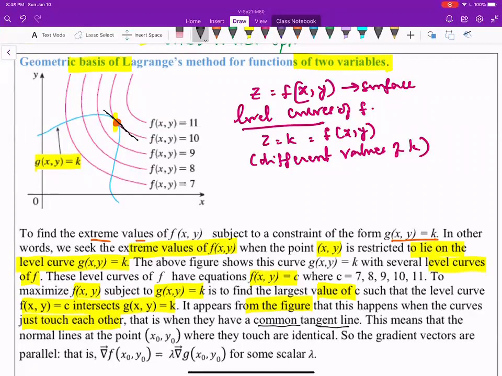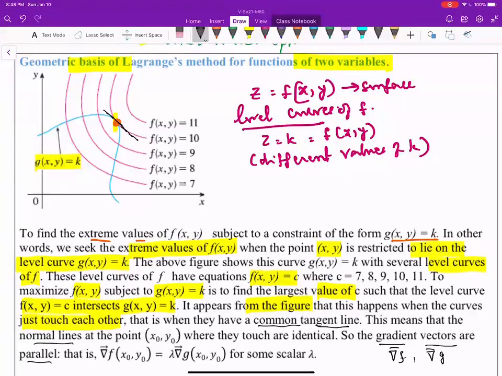This means that the normal lines at the point x0, y0, where they touch, are identical. So the gradient vectors, del f and del g, are parallel. If two vectors are parallel, they are scalar multiples of each other.